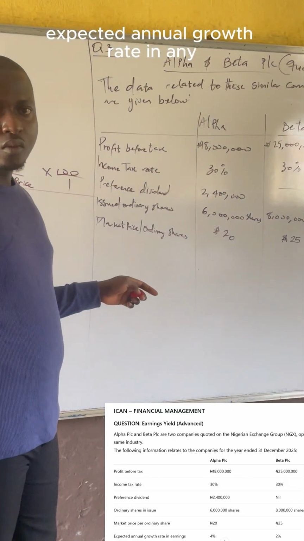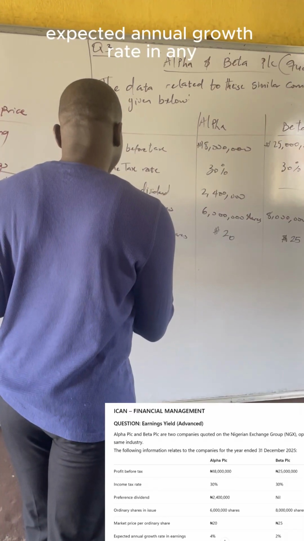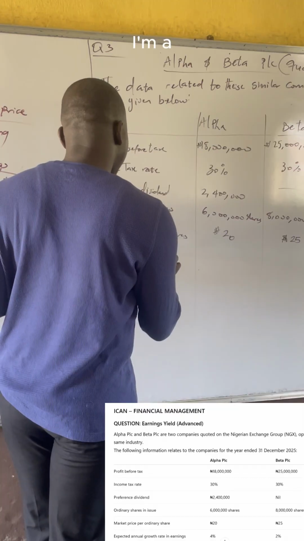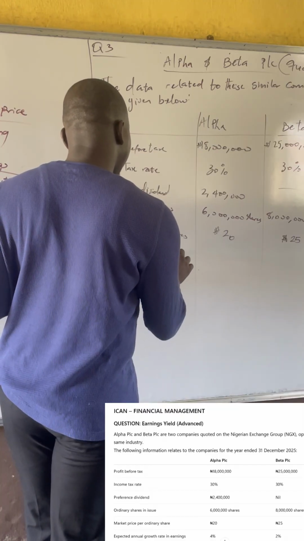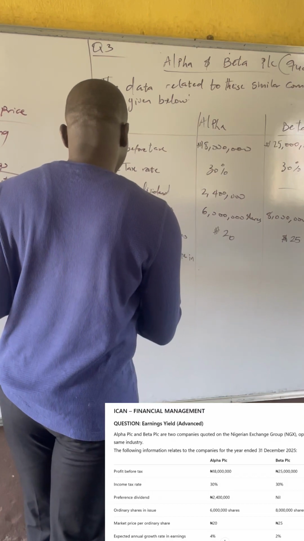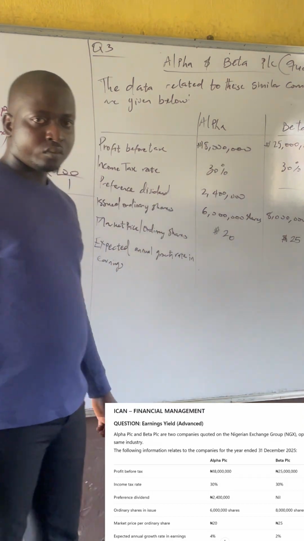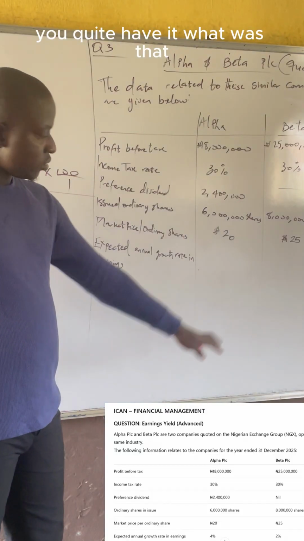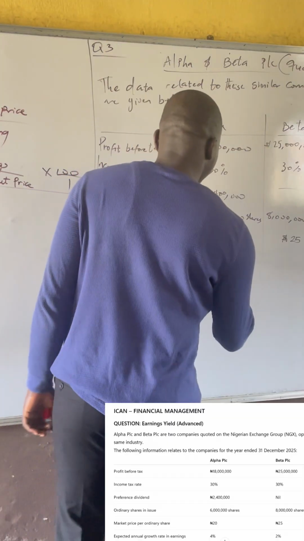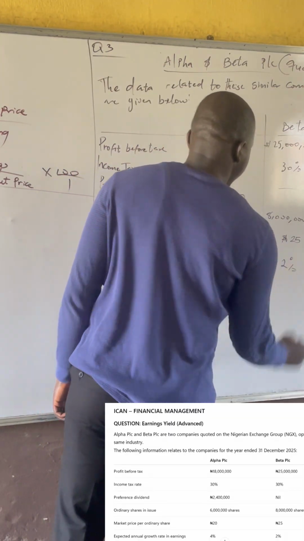Expected annual growth rate in earnings is 4% and 2%. That was all the table requirements.